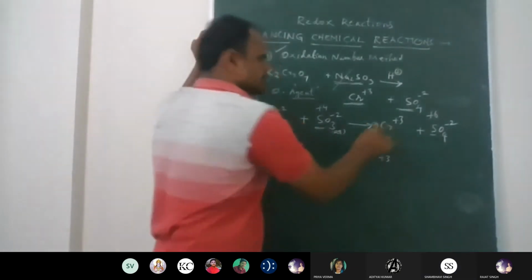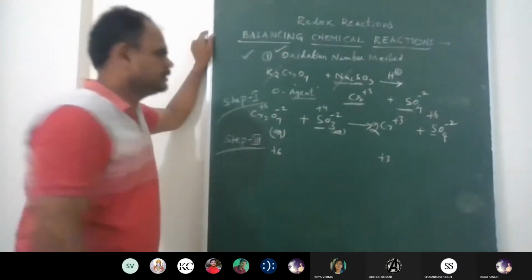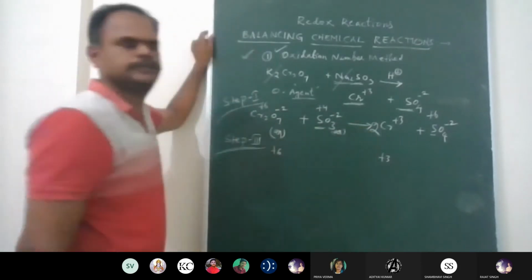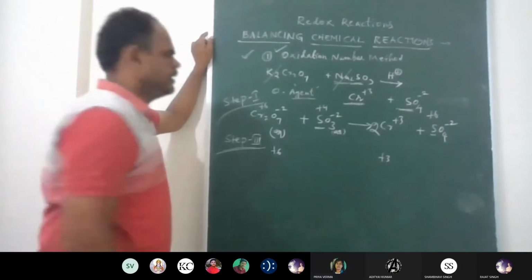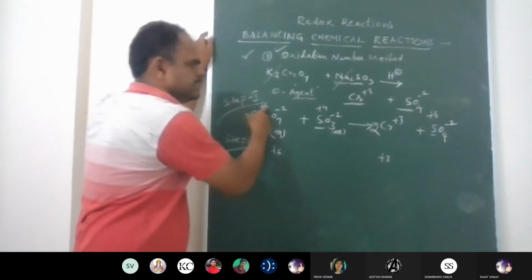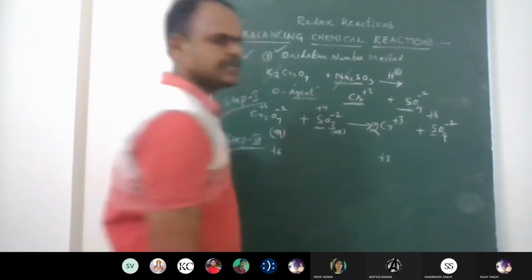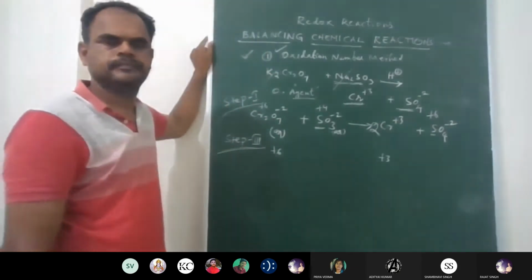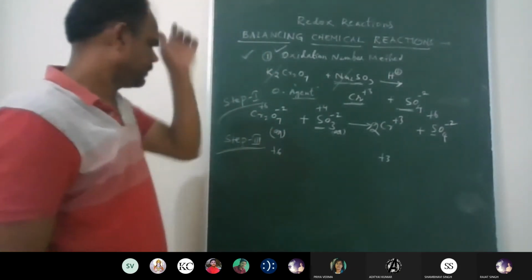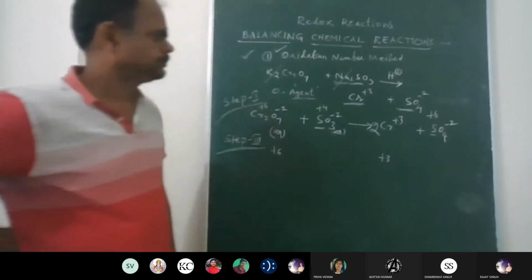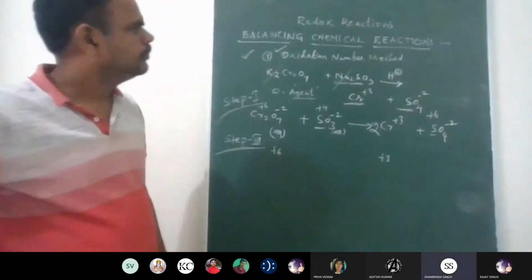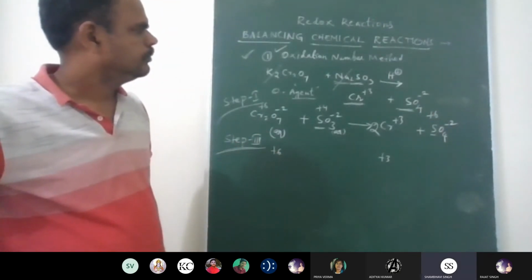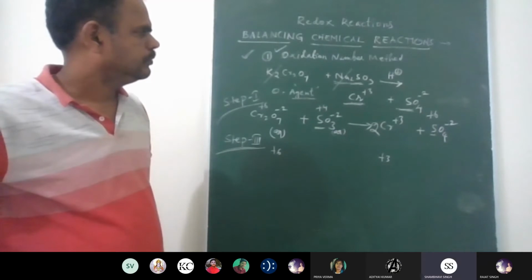Here you have to adjust with the 2 chromium atoms. Now the chromium atoms are balanced or not? Yes, sir. Now here chromium plus 6 is there. 2 into plus 3, plus 6. Excuse me, sir. That plus 6 charge on the first chromium, that Cr2, is it for single one or the double?